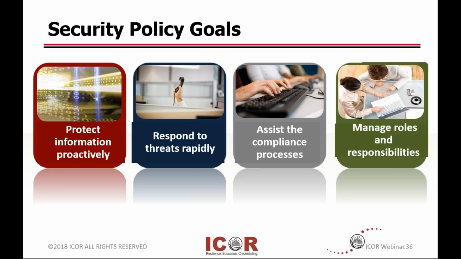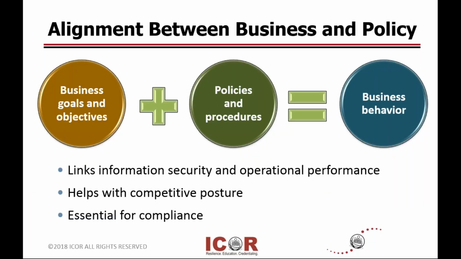And then you need to make sure that the people that are responsible for this know what their roles and responsibilities are so that they can make sure that those are working and that you know how to train those people as well.